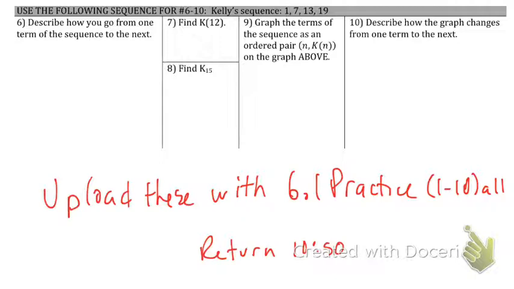Okay, so describe how you go from one term of the sequence to the next. So let's look at this sequence up at the top here. Let me just write it for you. So it's 1, 7, 13, 19. Again, I always try to do adding first and see if it works for the rest of the sequence.